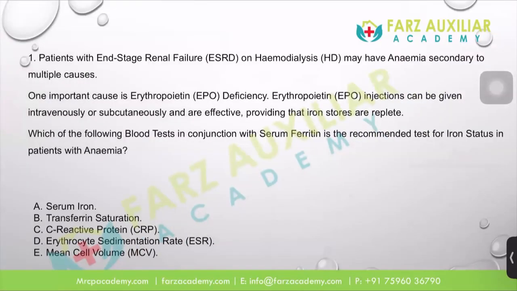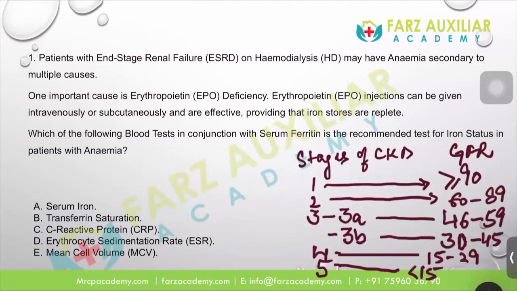So, a patient with end-stage renal failure. Can anybody tell me what is end-stage renal failure? When you see a question, end-stage renal failure is a diagnosis, and we must understand what is being asked. Anybody? What is end-stage renal failure? eGFR below 15.